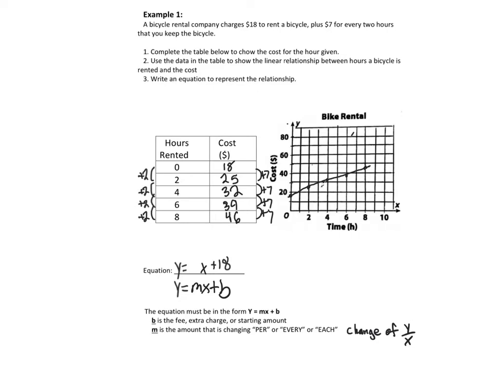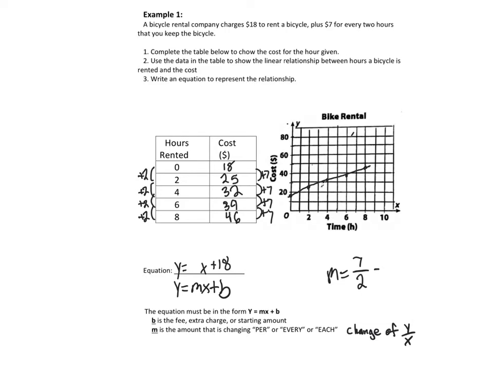We do that by taking the change of y over the change of x. So I'm going to write over here m equals, so the change of y would be 7, the change of x would be 2. We see that because each time we jumped up on the y side was 7, each time we jumped up on the x side it was 2.